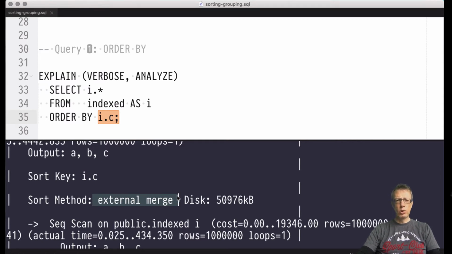And we will have a closer look at how external merge sort functions in the upcoming videos. There is disk space usage involved here. The external merge sort already hints at the fact that sorting indeed happens with the help of external, so non-RAM memory. And indeed, we use disk space to perform the sorting, to hold temporary data structures that we need during the sorting.